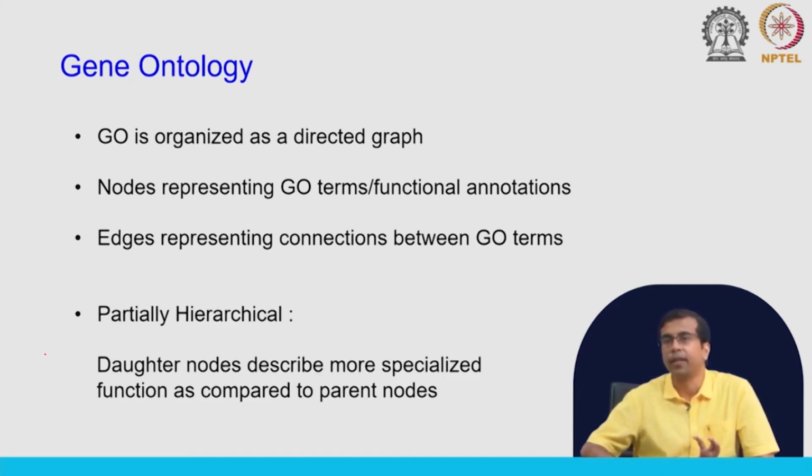If you go and see the networks, this ontology, the directed graphs, you will see there is some sort of hierarchy, where daughter nodes describe more specialized function as compared to the parent node. Right. So, again if you take an example, let us say we have tryptophan biosynthesis. So, that will be a daughter node and maybe a parent node could be amino acid biosynthesis, right. So, you have these relationships or terms that are related to each other.